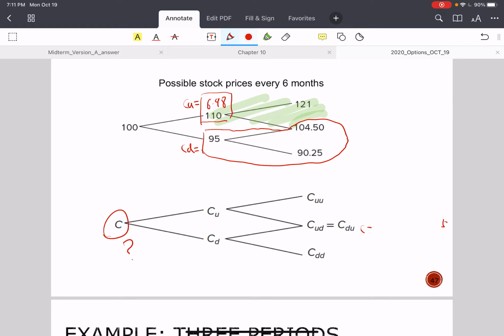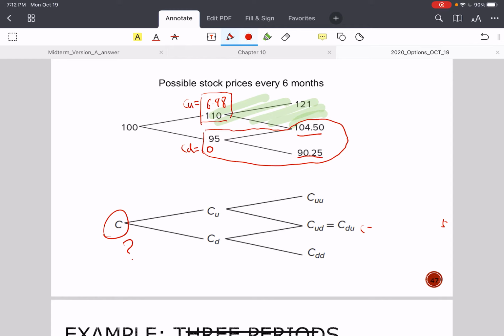So for both of these two prices, your payoff from the option is always 0, right? That is, you will not exercise your call option in either case. So your option value will be just 0, right?